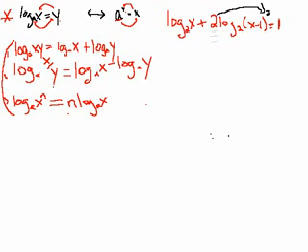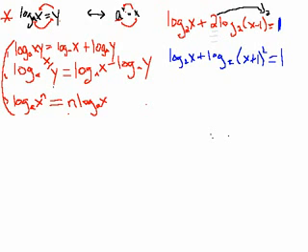Oh, perfect. You did, never mind. Great, that is perfect. So we have log base 2 of x plus log base 2 of (x plus 1) squared equals 1.